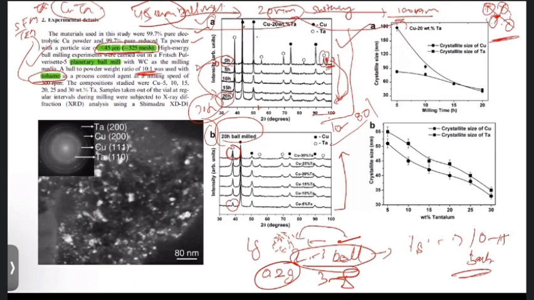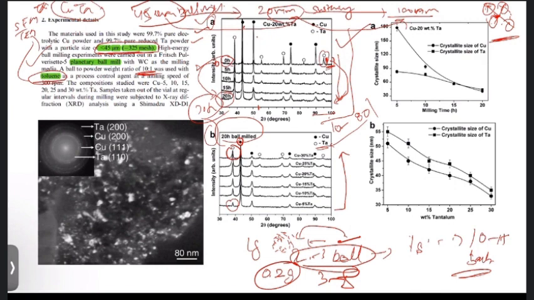Oh, sorry, I'm talking about tantalum. See the copper peaks. The copper peaks are the black ones. When we are increasing from 5 to 30%, the copper peaks are reducing. They are becoming more broad. That means in 5% it is getting broader, and at 30% it is sharp?